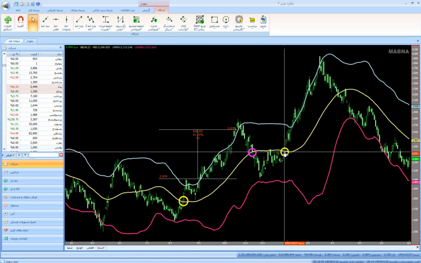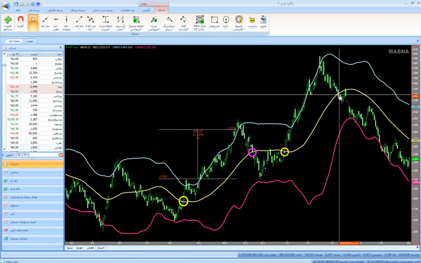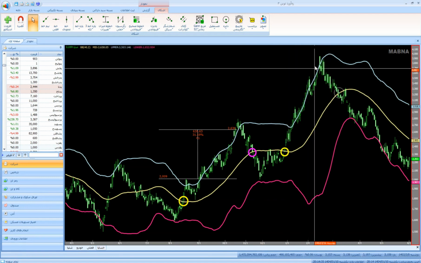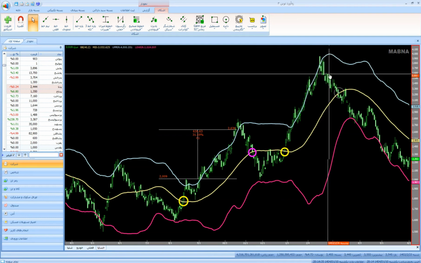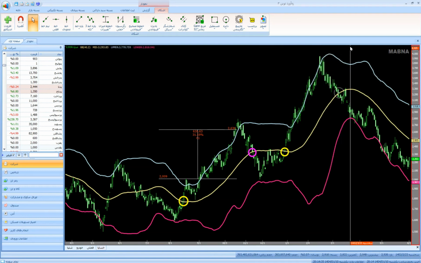In fact, here, it crossed the middle band from bottom to top. A buy signal is when it crosses from bottom to top, and a sell signal is when it crosses from top to bottom. The reason for this, guys, is that when I draw the Bollinger Bands, they indicate that in this area, or even in these areas where it has come down, there is a possibility of the stock returning again.